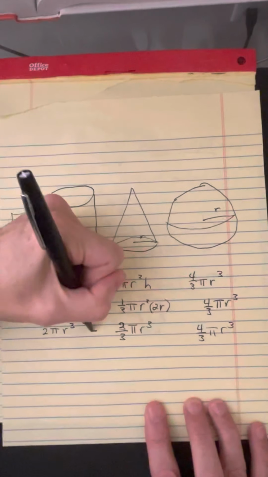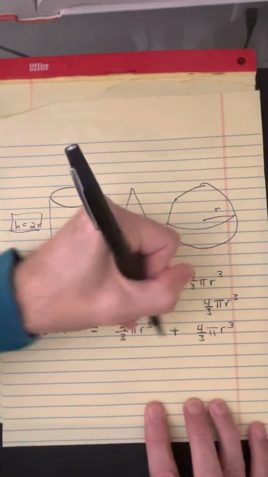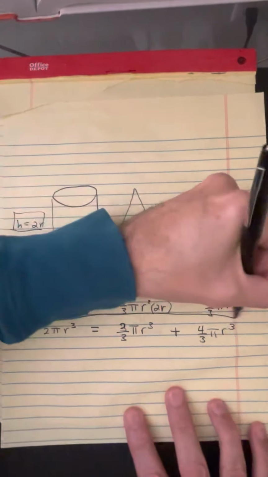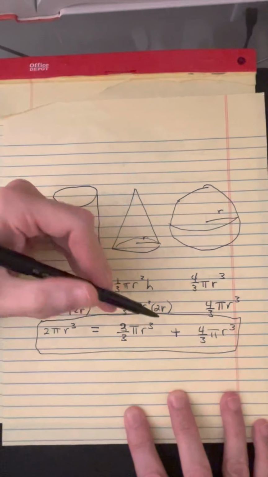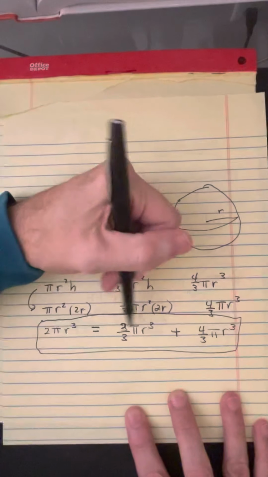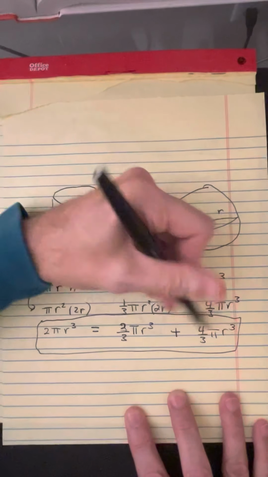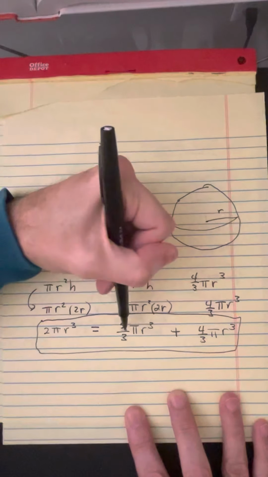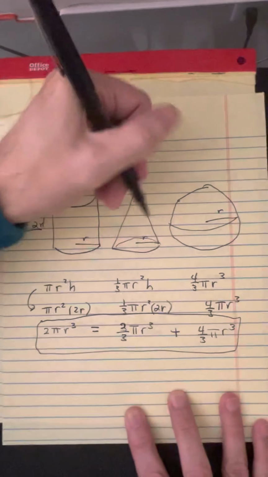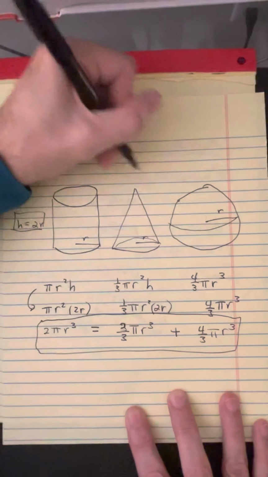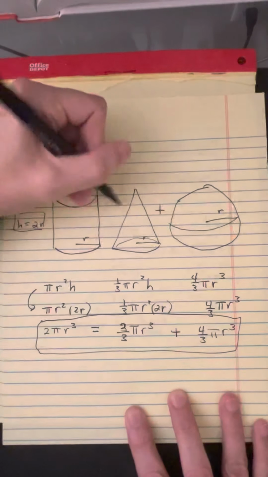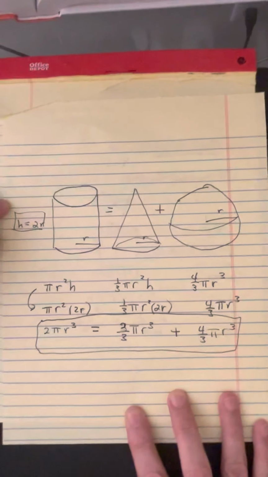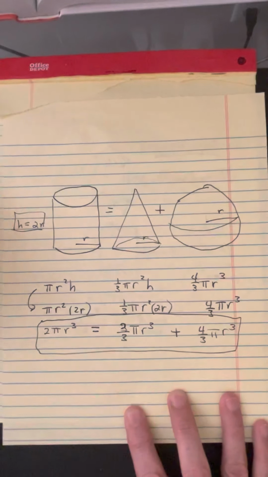And now I make a little formula here where I put an equals here and a plus here. And look at that. 2/3 pi r cubed plus 4/3 pi r cubed is 6/3 pi r cubed, but 6/3 is the same as 2. So that means that if you're talking about volume, the volume of the sphere plus the volume of the cone add up to the volume of the cylinder. So that's kind of cool.